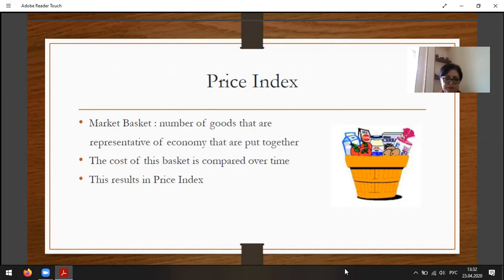A market basket is a number of goods that are representative of the economy, put together. The cost of this basket we have to compare over time, and the result is the price index.